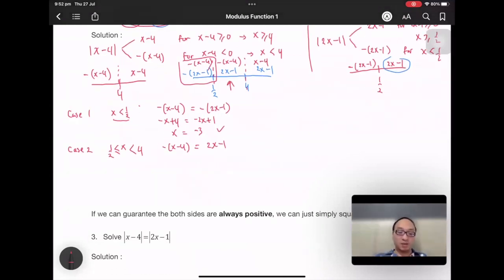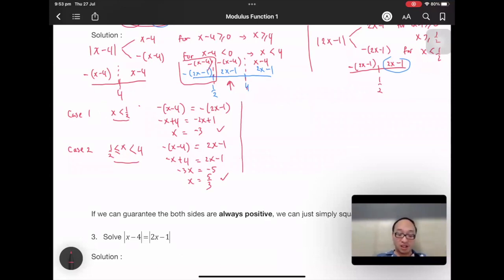So this is negative x plus 4 equals 2x minus 1. So negative 3x equals negative 5. So x equals 5 over 3. Check again, is 5 over 3 in this region between half and 4? Yes, so we take this.